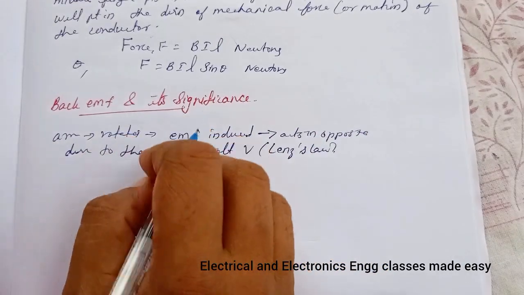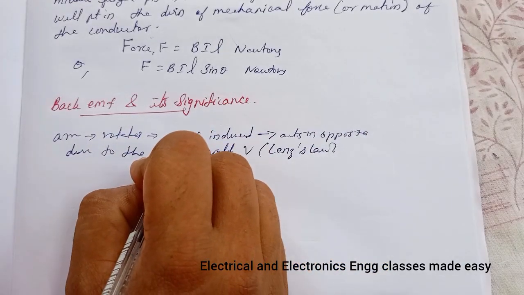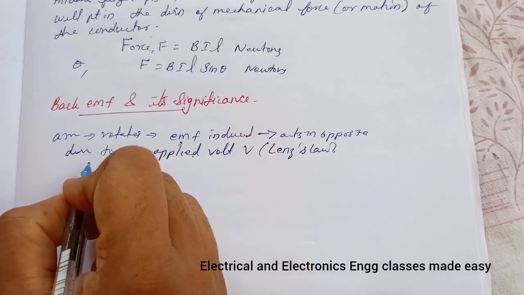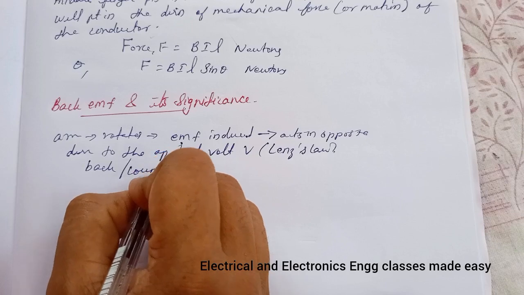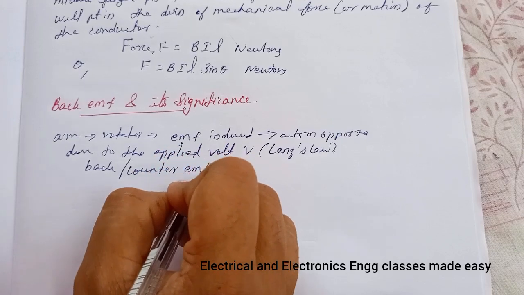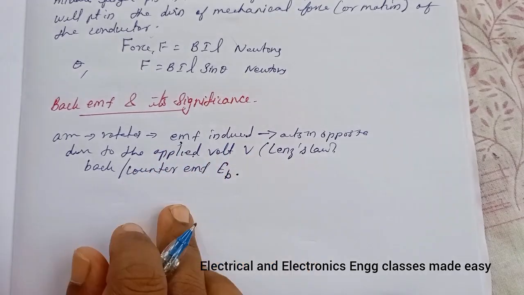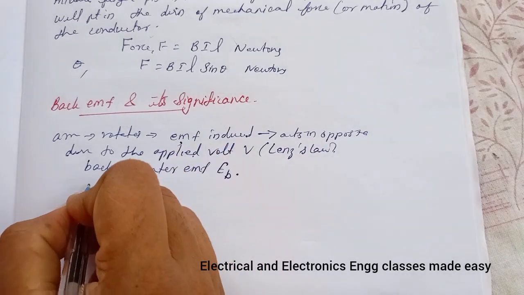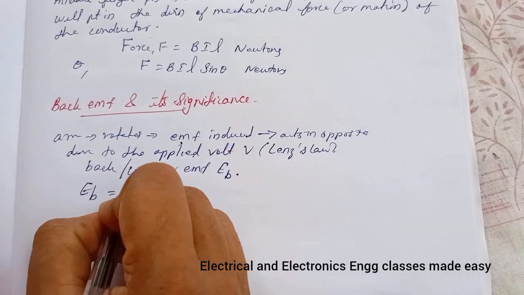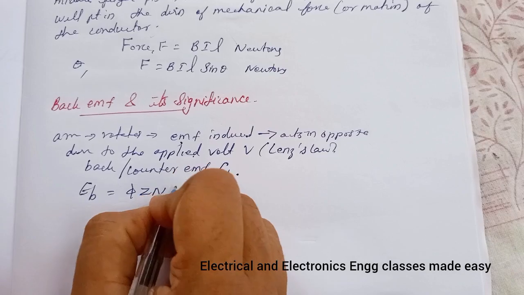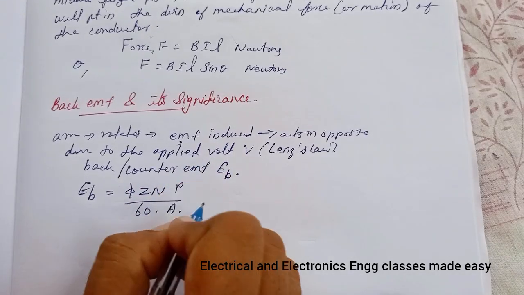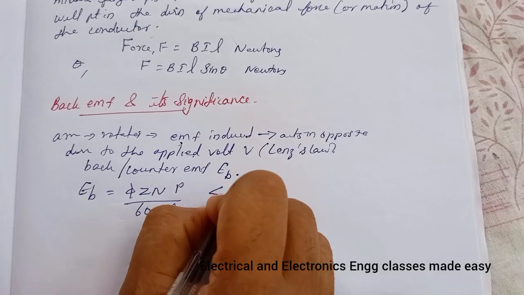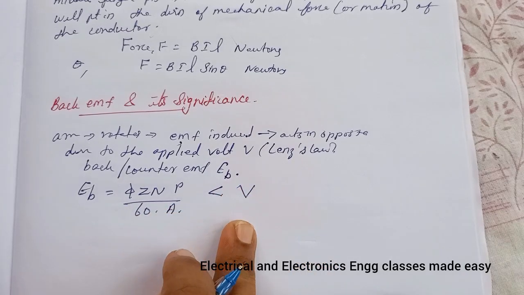So this induced EMF is known as back EMF or counter EMF, EB, and EB is equal to phi ZNP divided by 60 into A, and which will be less than the applied voltage V.